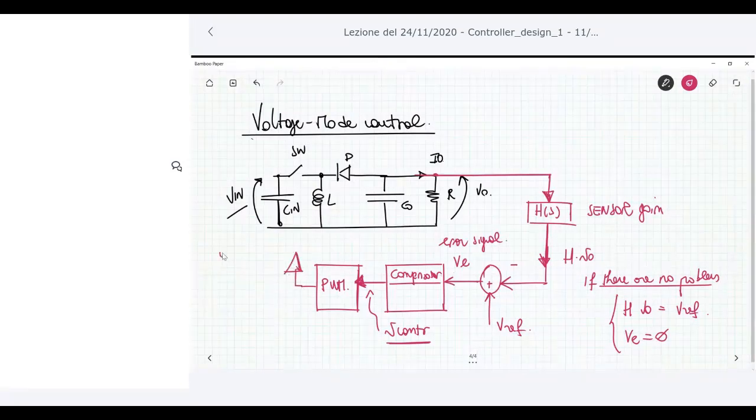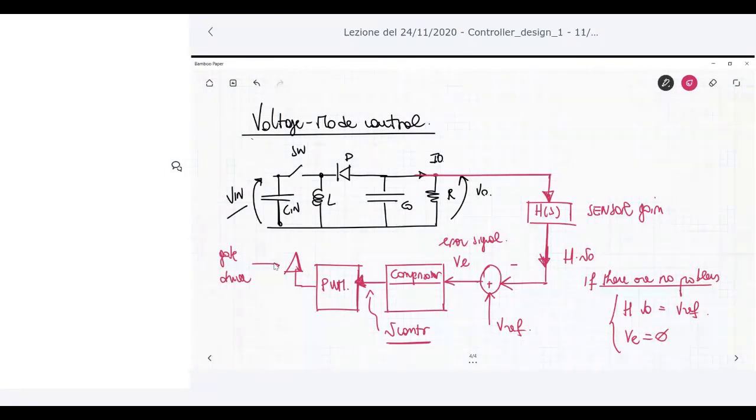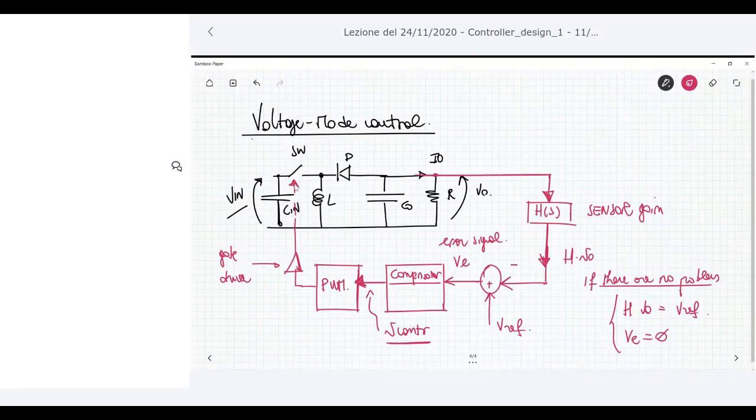Then we have the gate driver. The gate driver is the specific circuit that establishes the correct voltage and current level for the switch to be turned off and on. And then you can control the switches.